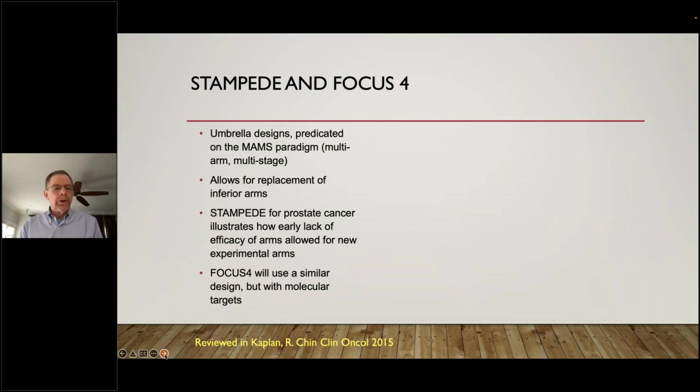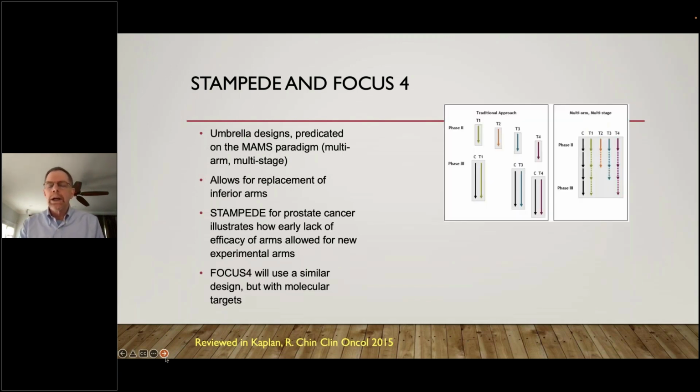So we have additional designs like the umbrella design, which is a multi-arm, multi-stage design. You can see here in the figure on the left-hand side, the traditional approach. You do a phase 2 study that leads to a phase 3 study. You have a control arm in your phase 3, your control arm, your phase 3, et cetera.